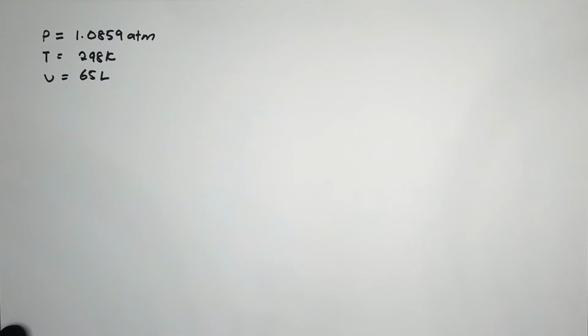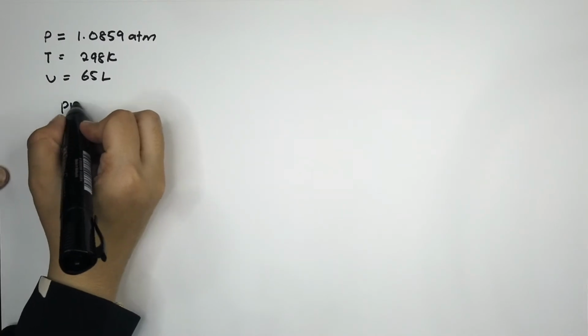In the question, you were asked to calculate how many atoms. The only thing that you can use to calculate how many atoms is by knowing the number of moles. In gas law, the one and only formula that can help you get the number of moles of a gas is the ideal gas law formula, which is PV equals nRT.